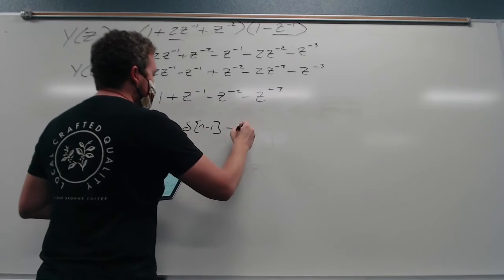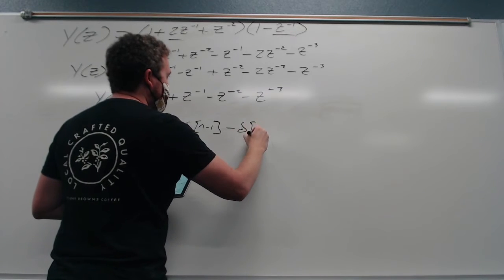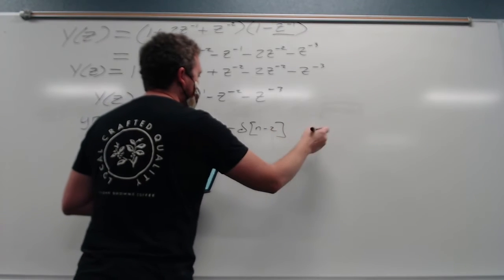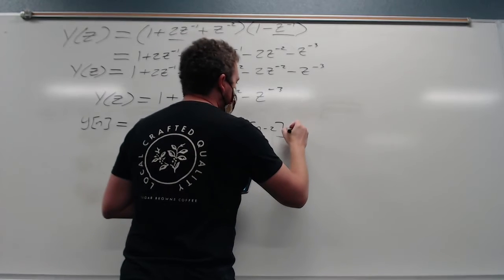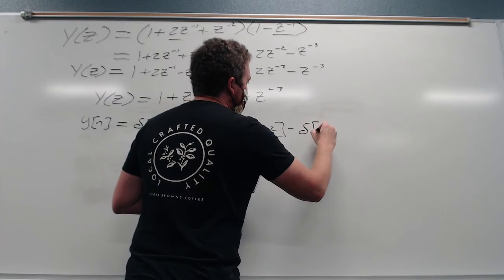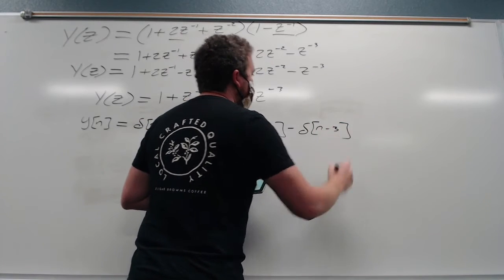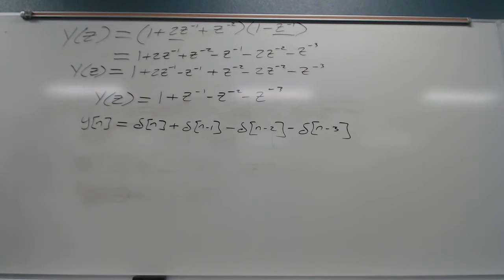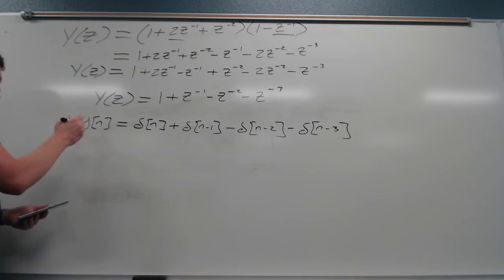Negative z to the negative 2 is going to bring us to minus delta of n minus 2. Negative z to the negative third is going to be minus delta of n minus 3. And there we go. There is our solution.